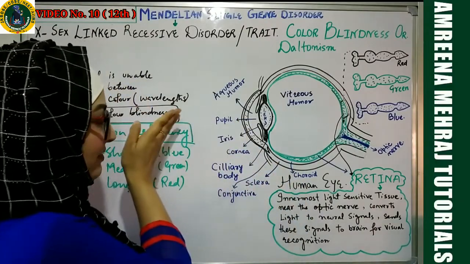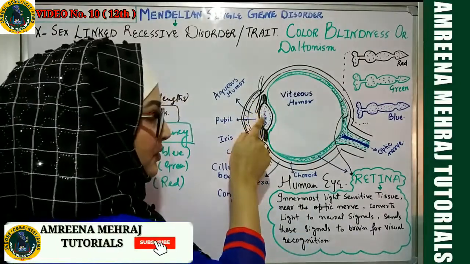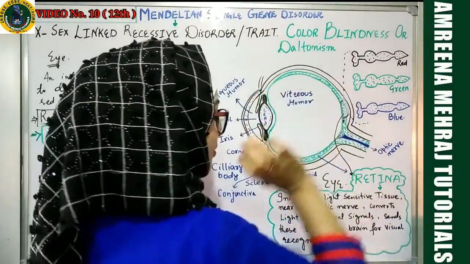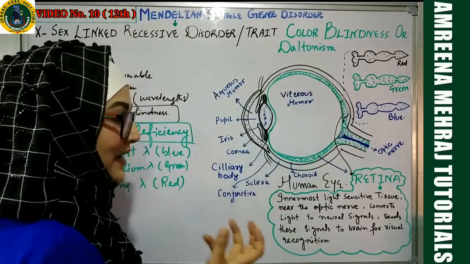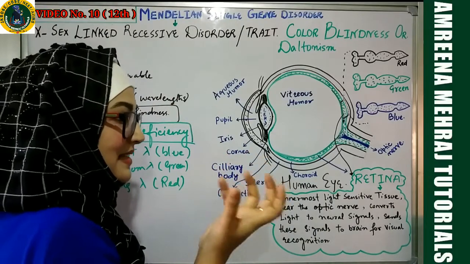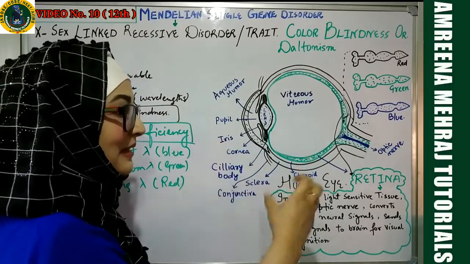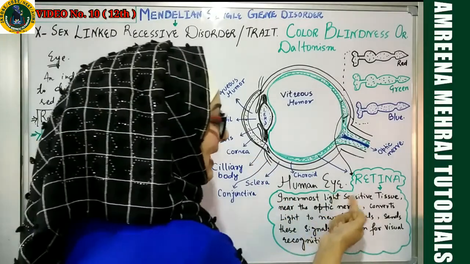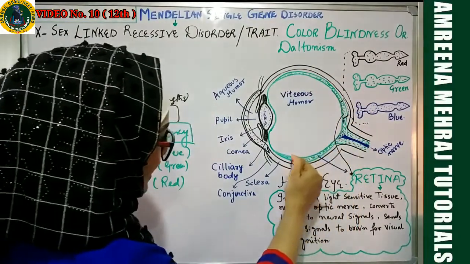Whatever radiations fall on the retina, because the lens basically does the job of focusing, the retina is a sensory tissue which converts those light signals into electrical signals. So I've written out that the retina is the innermost light sensitive tissue. This dotted layer of green is the retina basically.